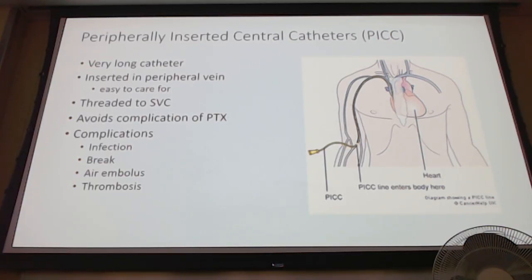Okay? So they're very, very long lines. Normally you have to be PICC certified in order to do them. Okay? They're normally easy to care for. It avoids any complications of pneumothorax because the insertion point is all the way down in the arm.